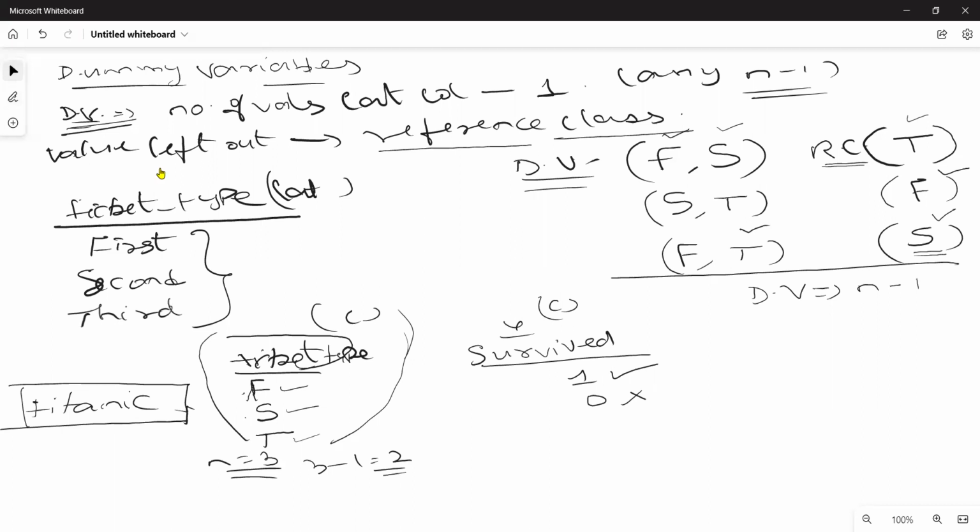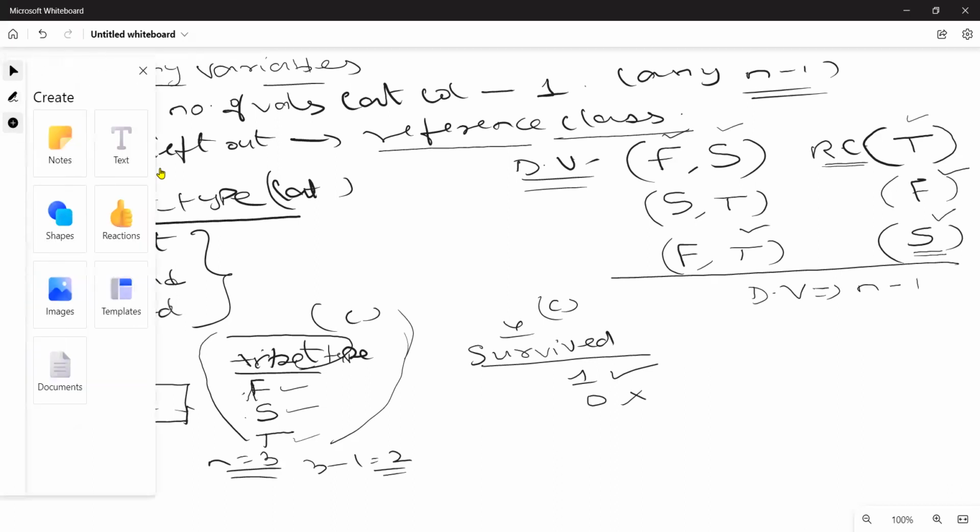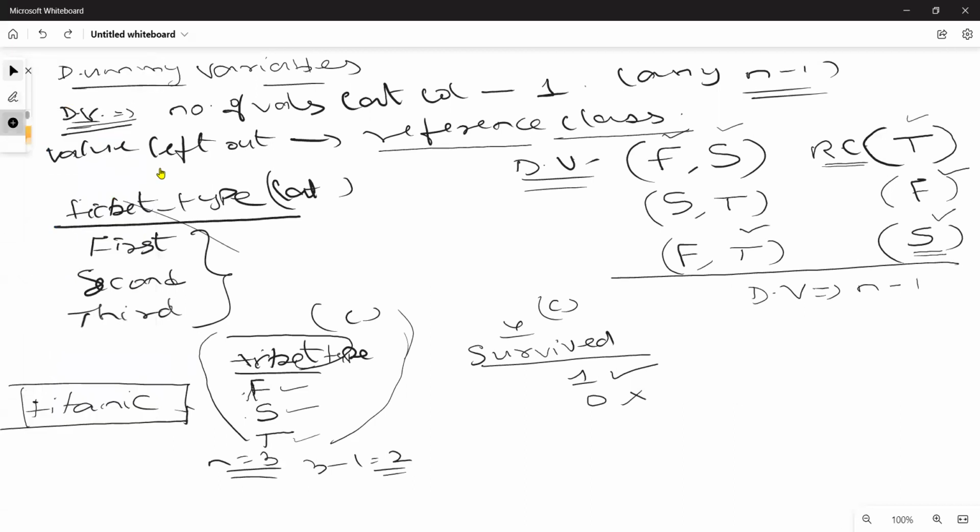Now, why should we take only N minus 1 and why not take the entire set of values? Let me quickly explain that.